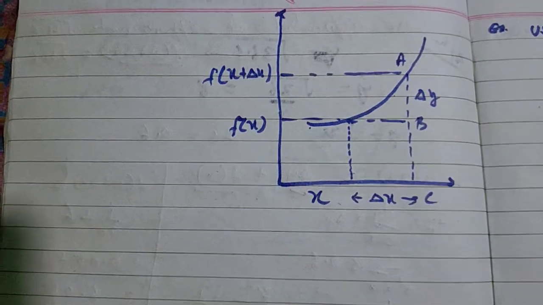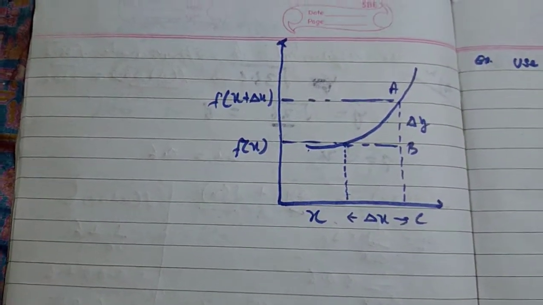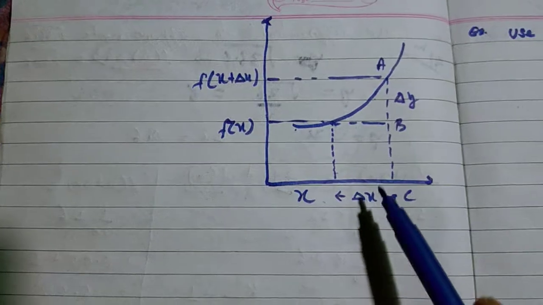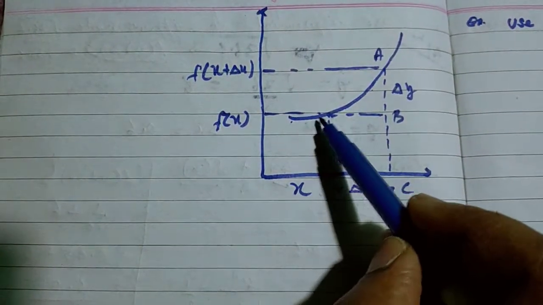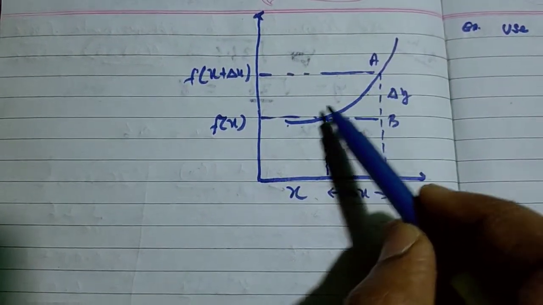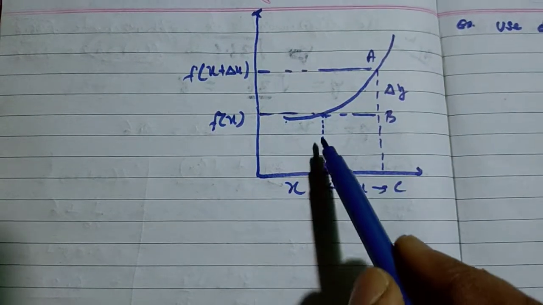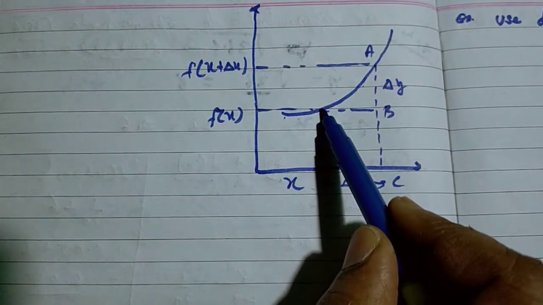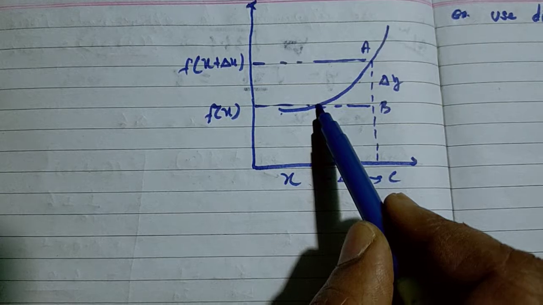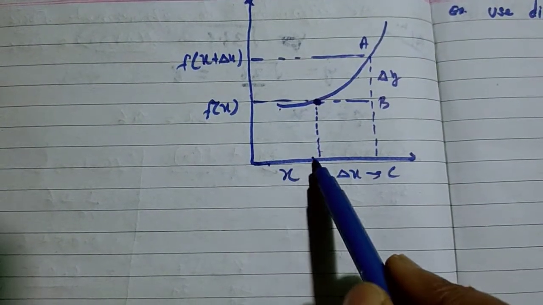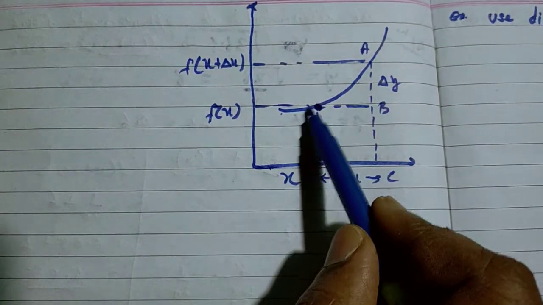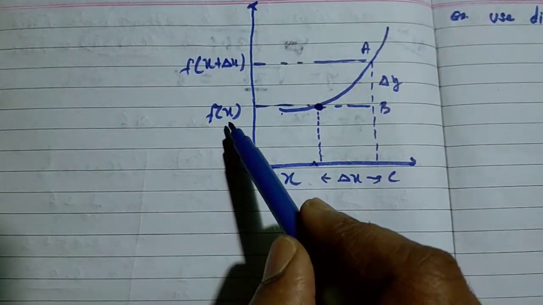See this diagram. This is one curve, and at this point, the distance is x. So this distance is f of x.